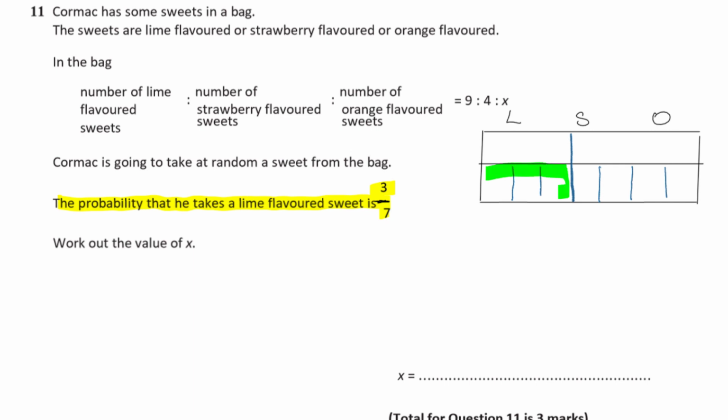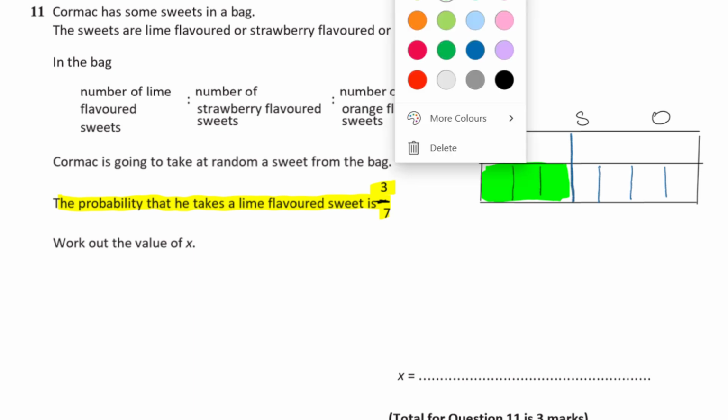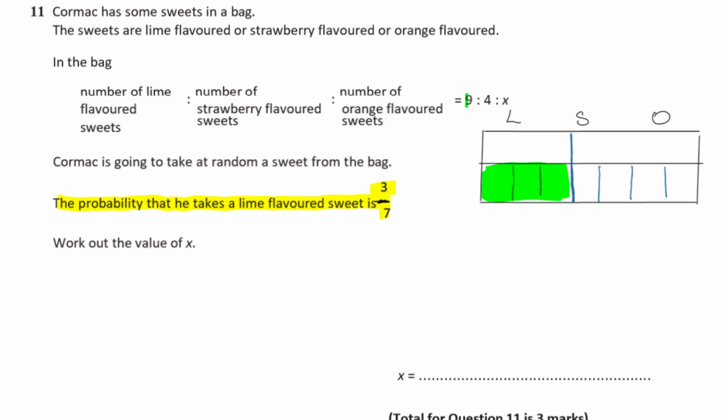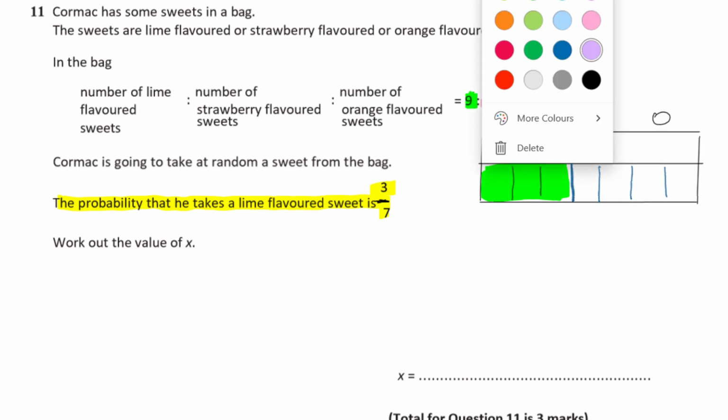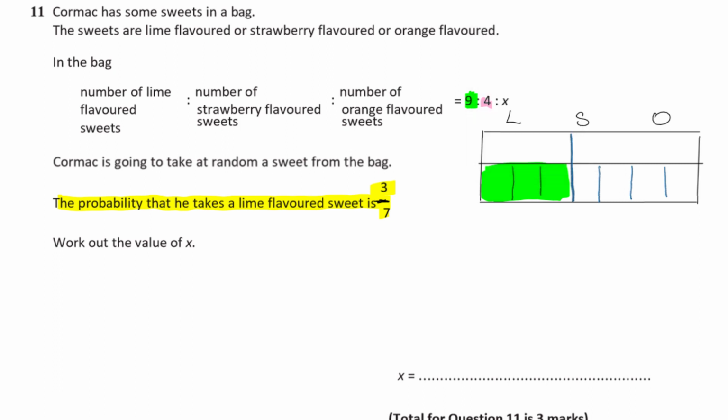I don't know how they're going to split between the other 2 yet. But up here, we're told that the ratio of lime to strawberry to orange: lime is 9 parts and strawberry is 4 parts, and orange is x parts.